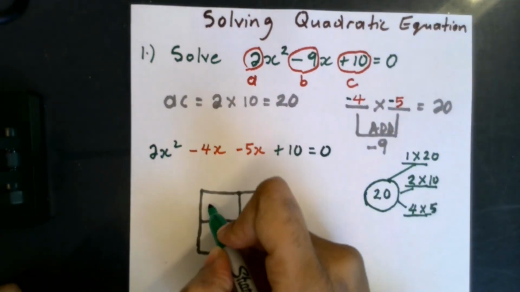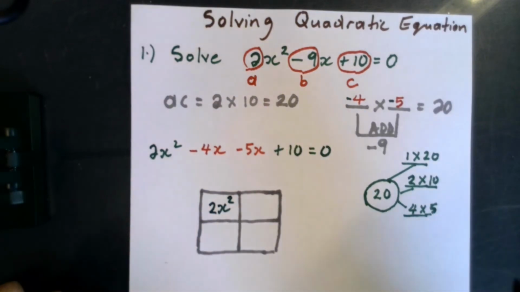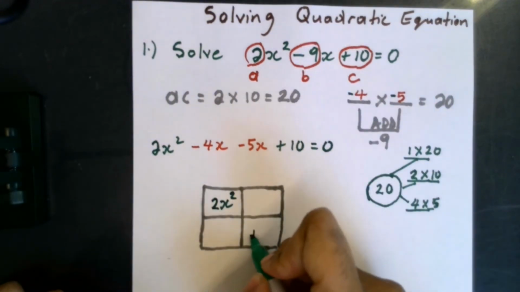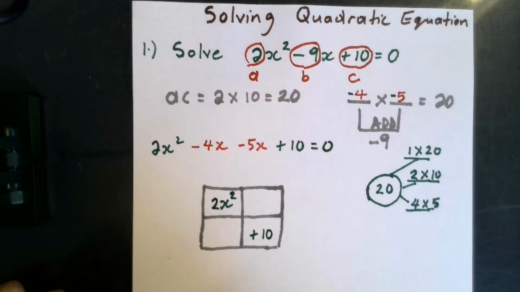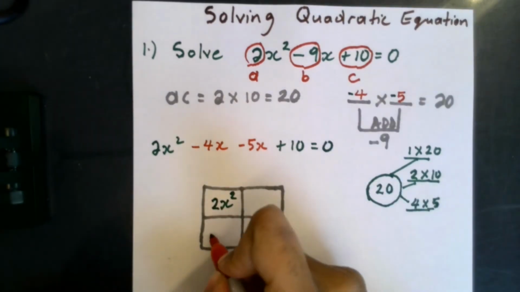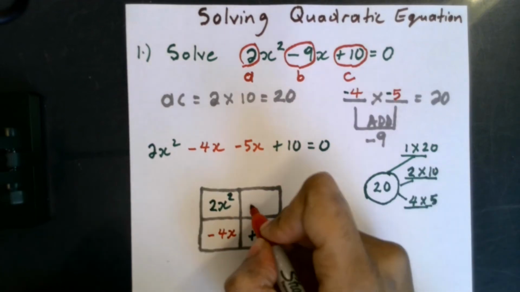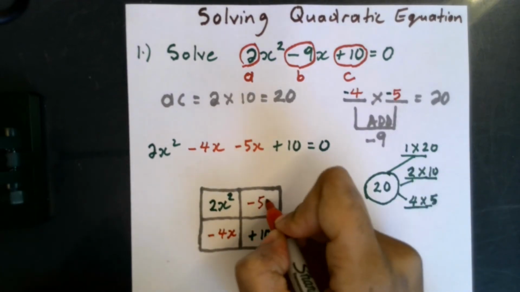Now, first term goes into the first box. The final term goes into the final box. And the remaining 2 terms can go anywhere. All right.